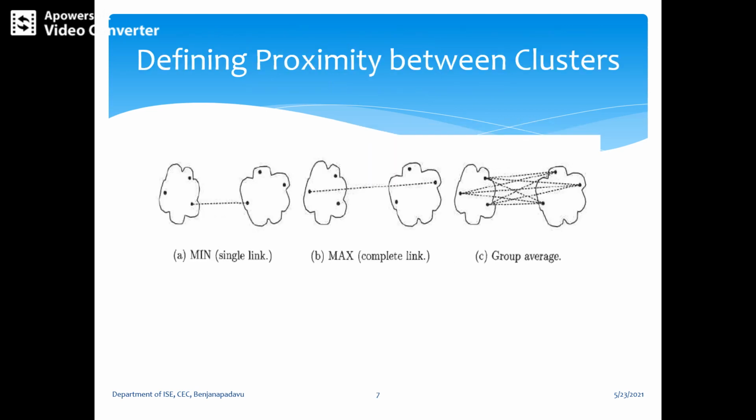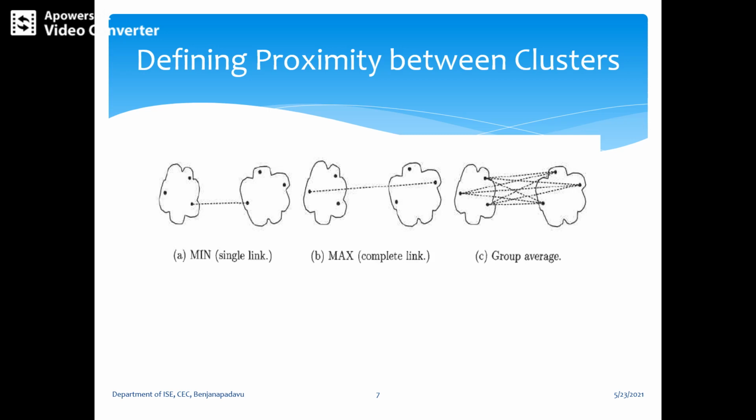Now let us discuss, after this basic step-by-step agglomerative hierarchical algorithm, defining proximity between clusters. The key point of our algorithm is the computation of the proximity between two clusters, and it is the definition of cluster proximity that differentiates the various agglomerative hierarchical techniques.